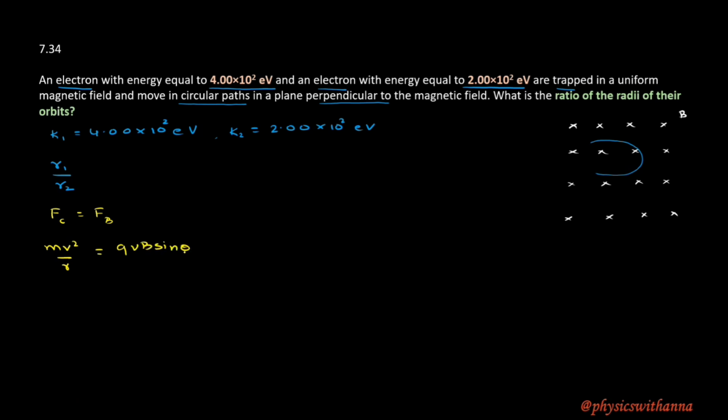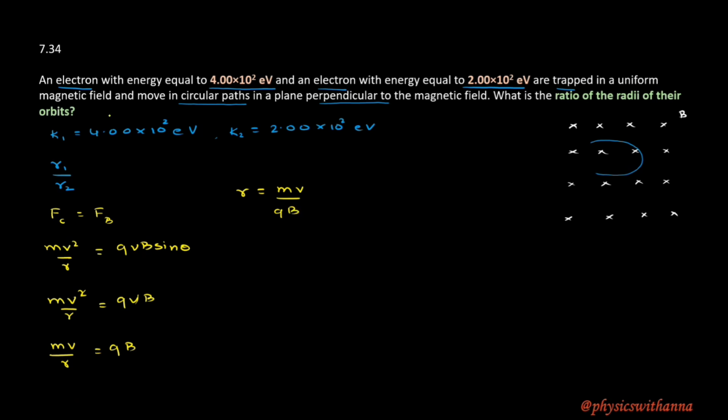Theta over here is 90, so we can just write this as qvB. So I get mv squared over r equals qvB. So cancel off the v from here and one v from here, and you get mv over r equals qB. We rearrange this to write in terms of r. So I get radius r to be equal to mv over qB.